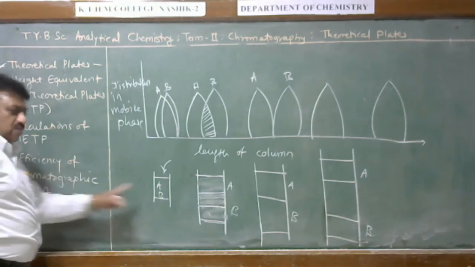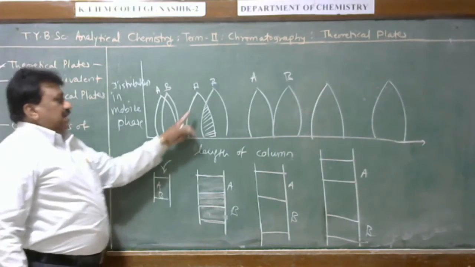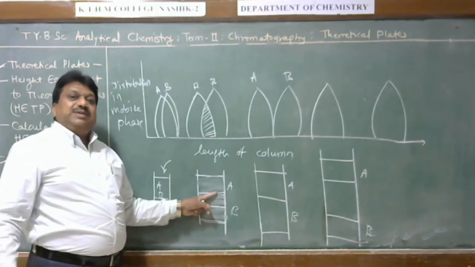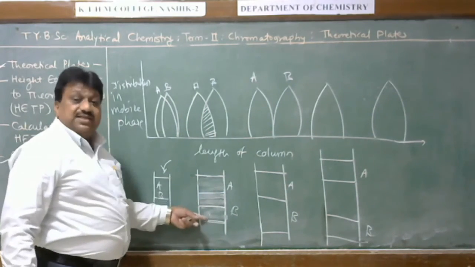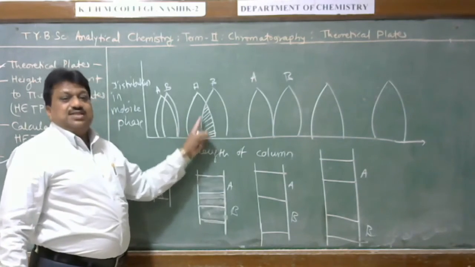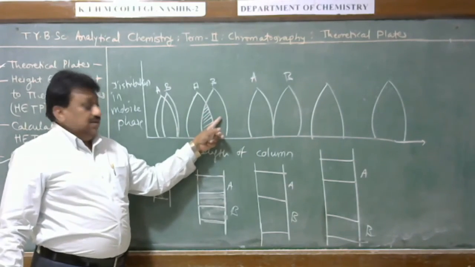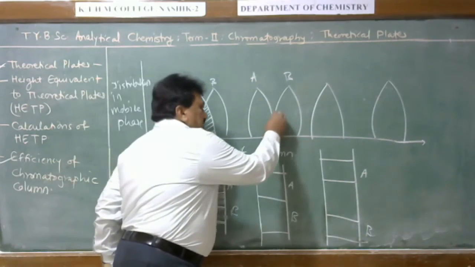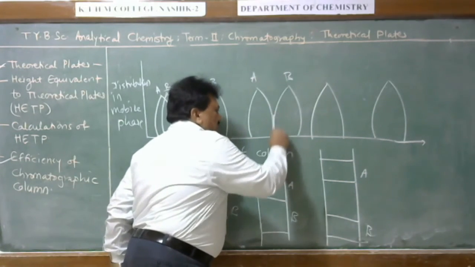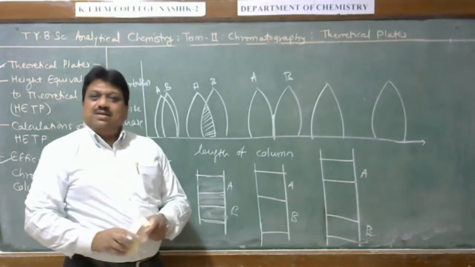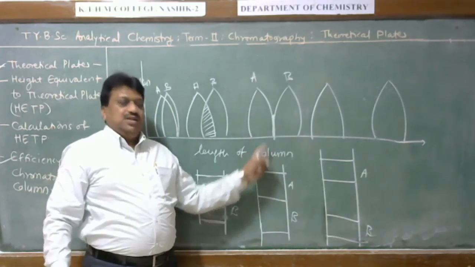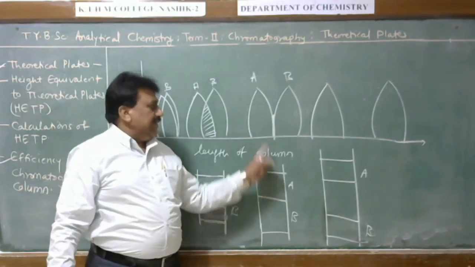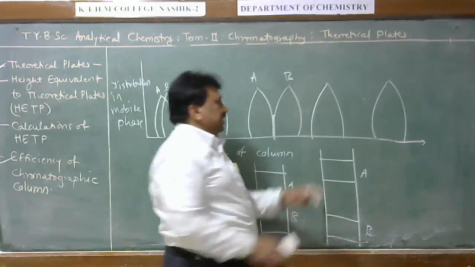Therefore, the efficiency of this column is zero. This column has a little more efficiency as its length is increased, but it does not separate the two components. Here resolution takes place, though some amount of A and some amount of B are mixed with one another. Therefore, as length is increased, the separation increases.